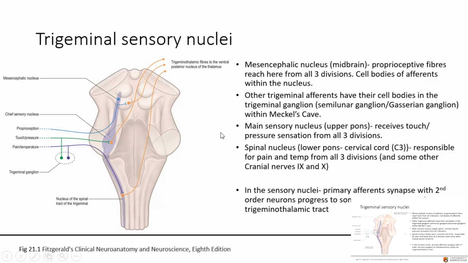The most superior one is called the mesencephalic nucleus. Then this one here in the middle is the chief sensory nucleus, and inferiorly we have the spinal nucleus. This one will extend into the spinal cord, almost like the spinal cord.